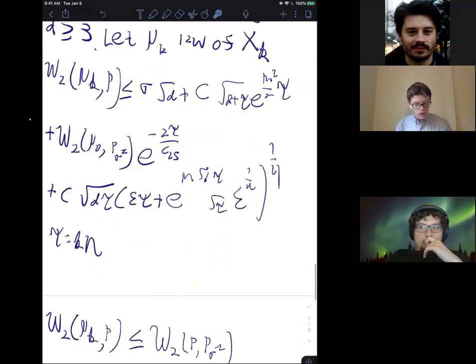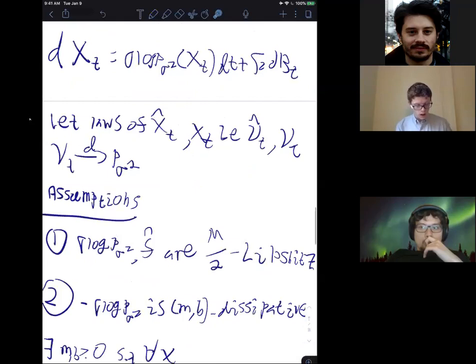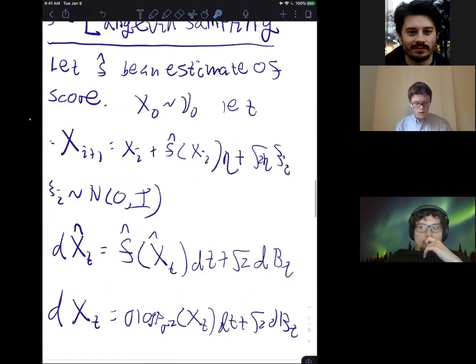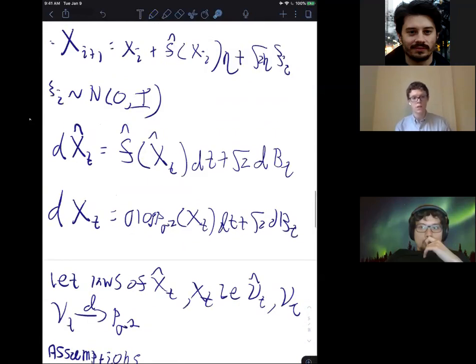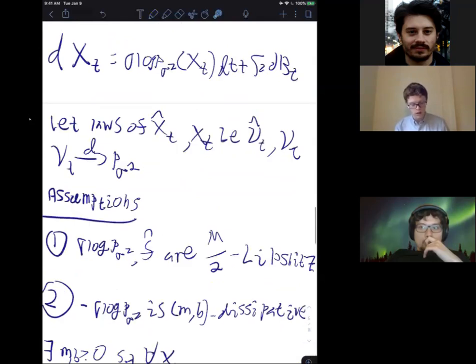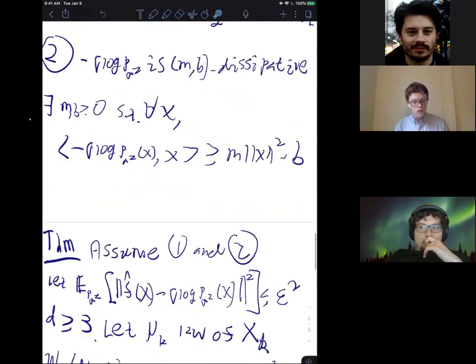So nu t is the law of x t, the Langevin process. And since the Langevin process converges in distribution, nu infinity is just the limit of the nu t's. Gotcha. Sorry, and the hat is the discretized version? No, the mu is the discretized version.